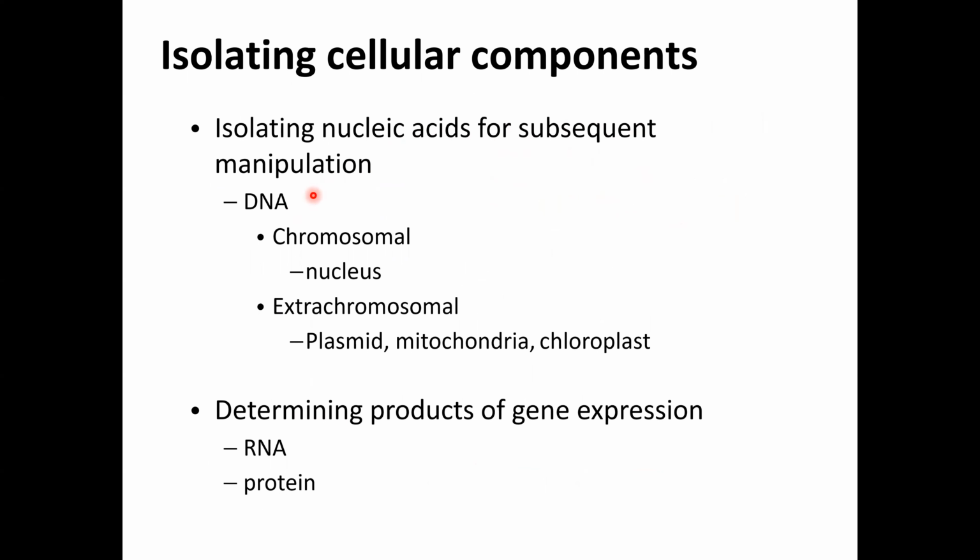Meaning, if you're just going to isolate your DNA at the chromosomal level, then you could isolate the nucleus. Whereas if you want to isolate the DNA at the extrachromosomal level, then you can isolate plasmid, mitochondria, or chloroplast. And also, class, take note that for determining the products of gene expression, you could isolate RNA or protein.